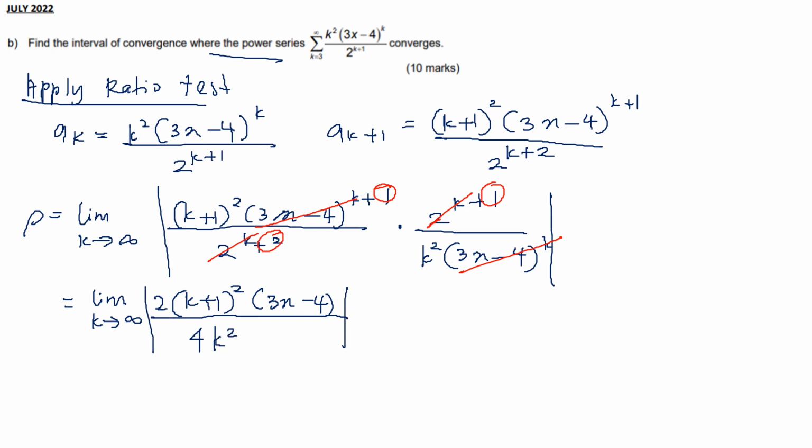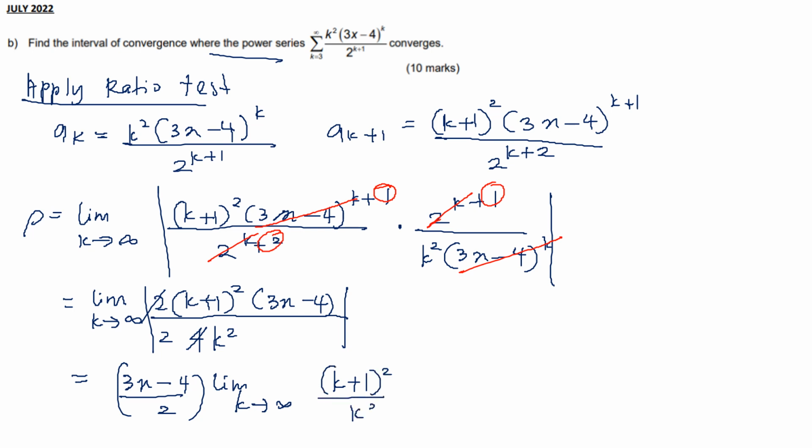Okay, this is the answer as you simplify. So this one you can simplify, you will get 2. So you can bring forward the variable x: |3x minus 4|/2 times limit k approaching infinity of (k plus 1) squared over k squared.